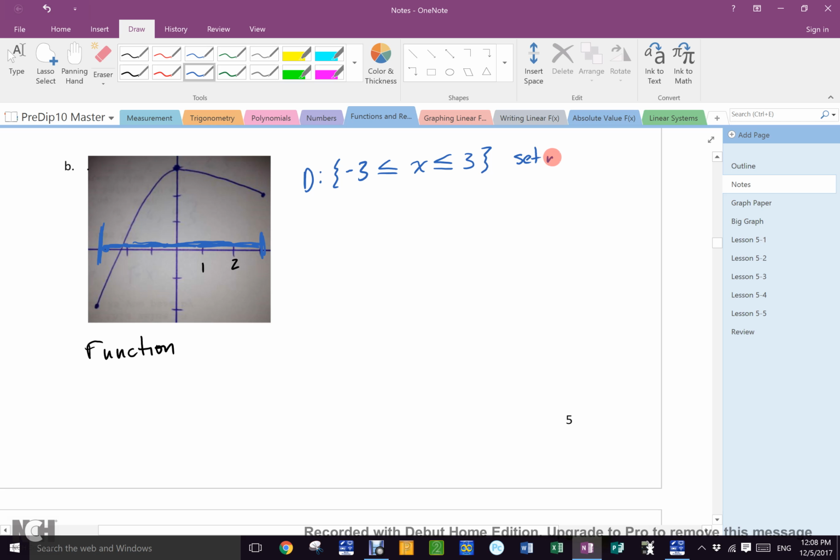Now listen to me, please, ladies and gentlemen. This gets significantly more complicated in its notation, the way we write it. But for now, the concept that you understand is that this is all the numbers between -3 and +3.